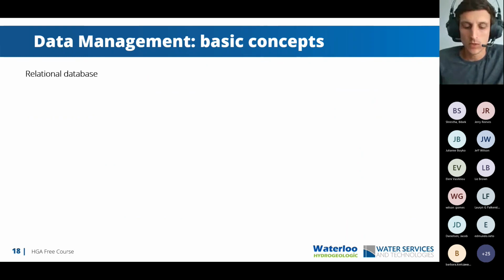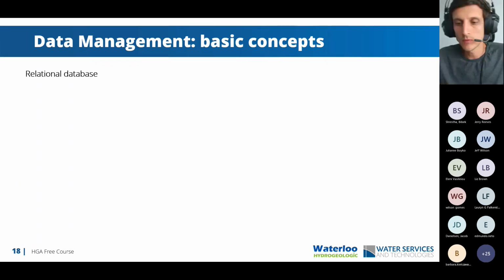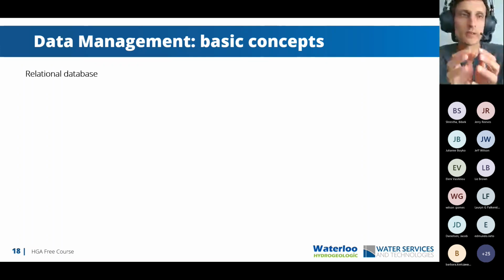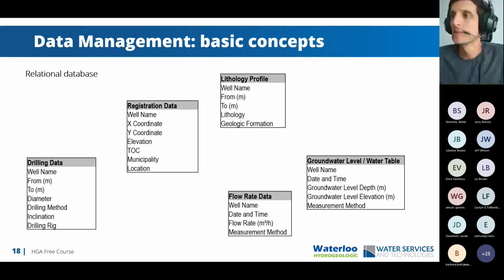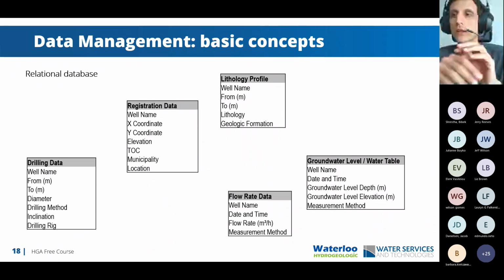And when we talk about this integrated database system, it's also important to know what a relational database is, because HEA is a software that works with an integrated database, and it's a relational database. And what's a relational database? Let's say you have these 5 different tables of data.